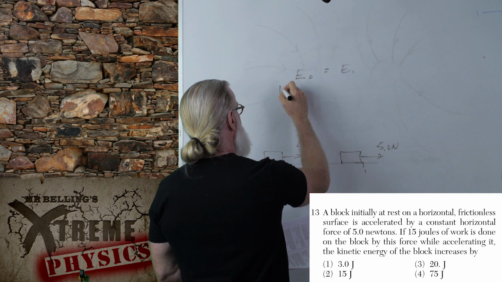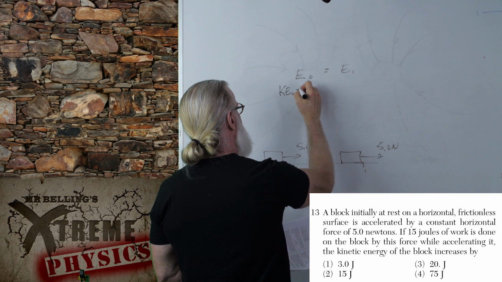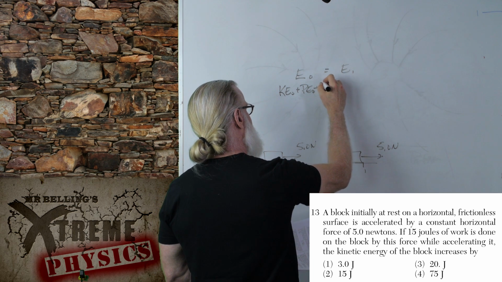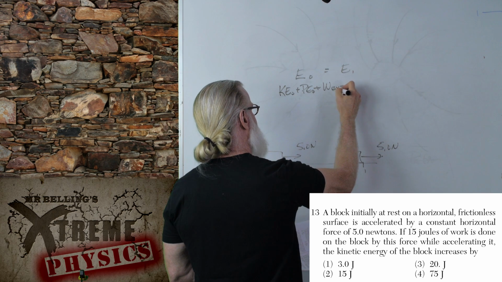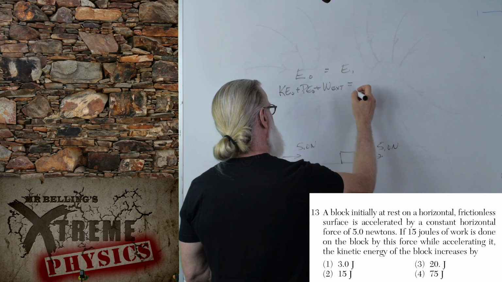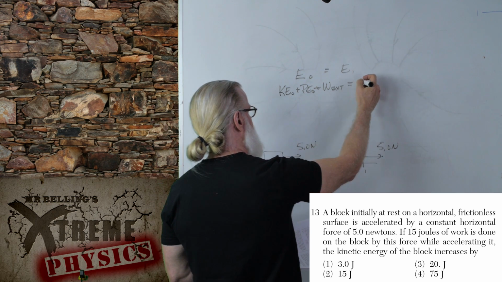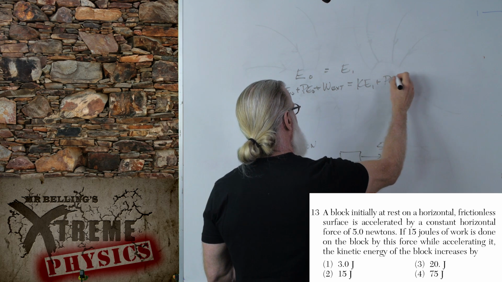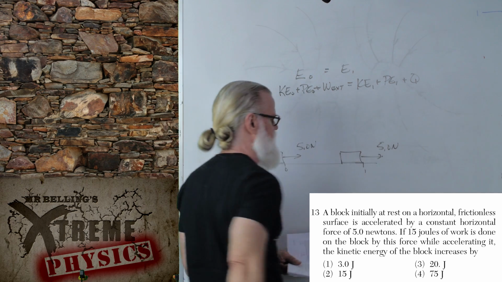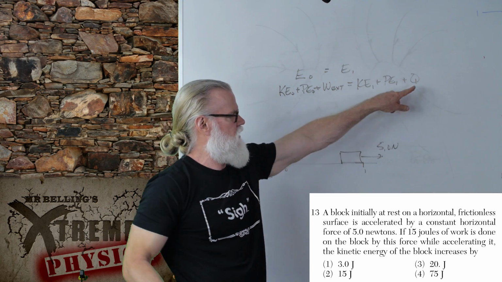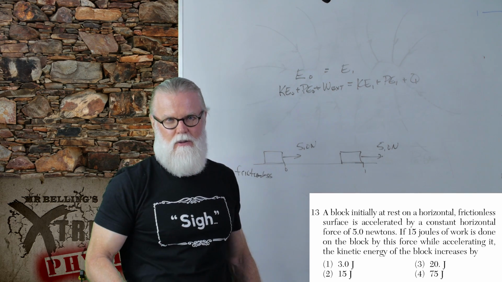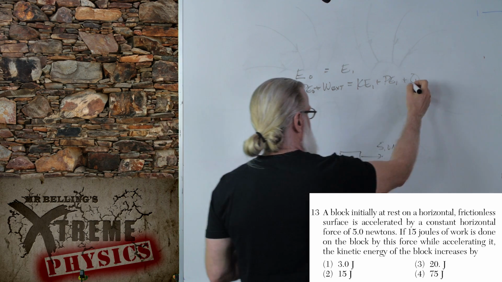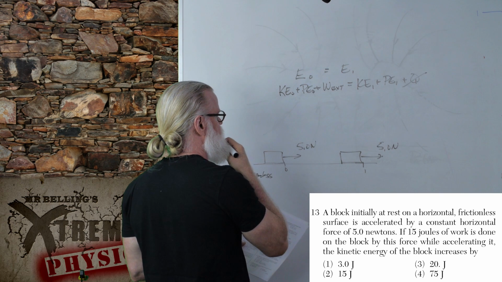It says the kinetic energy you start with, plus the potential energy you start with, plus any work done between the beginning and the end, which I call external work, equals the kinetic energy at 1, plus the potential energy at 1, plus any internal energy. The internal energy, of course, is going to be friction for the most part in this class. It's a frictionless surface, so there's not going to be any internal energy.